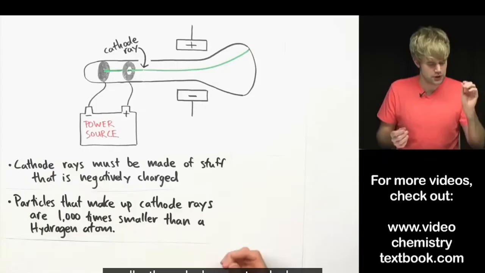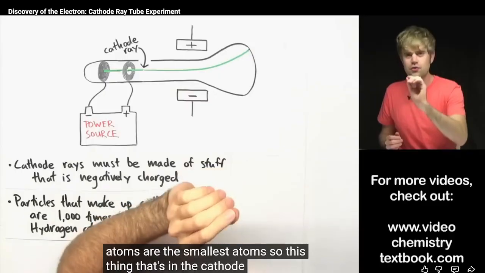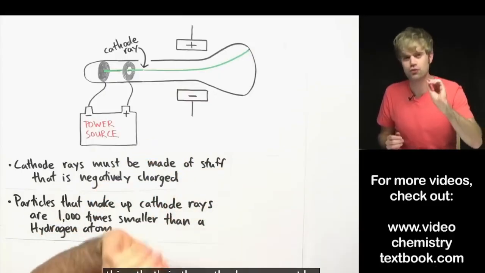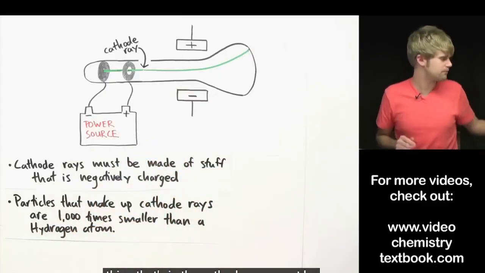What's special about a hydrogen atom? Hydrogen atoms are the very, very smallest of all the atoms. So these particles are 1,000 times smaller than the smallest of atoms. So this thing that's in the cathode rays must be really, really tiny compared to an atom.